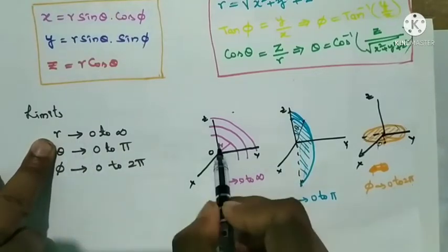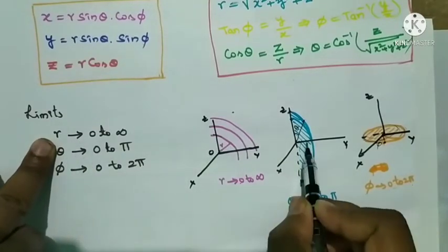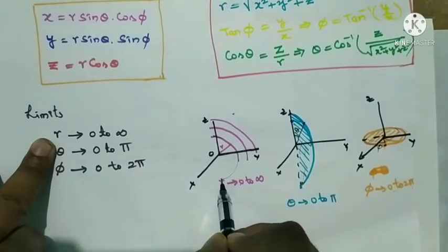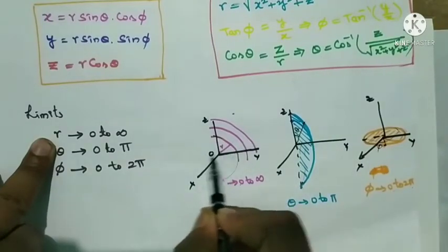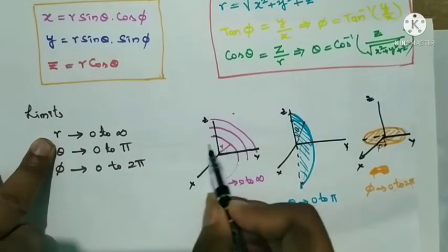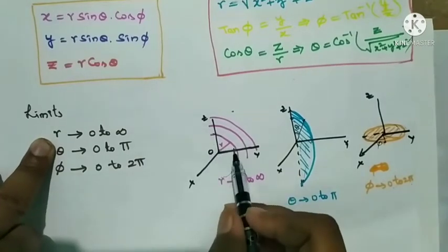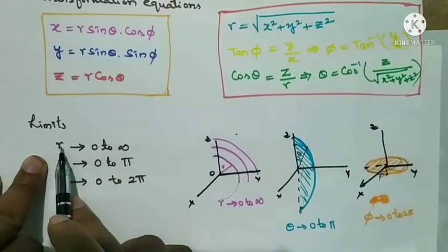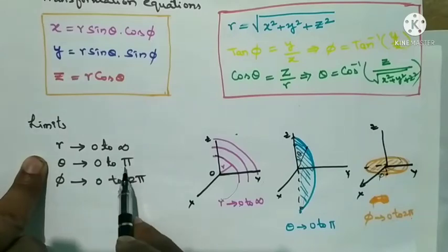So r is fixed, and theta is changing from 0 to pi. That means you are getting this side. And phi is changing 180 degrees like this. So depending on these three quantities, you will get a spherically symmetric structure. In that way, the limits of these spherical coordinates can be taken.